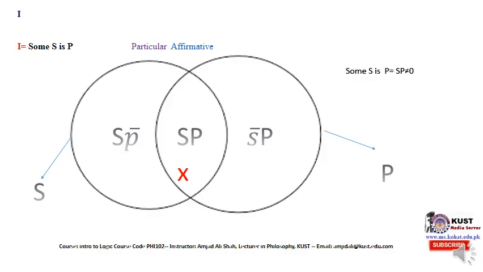Likewise, we have the same thing in the I proposition, Some S is P. We put an X over here because we are identifying those members which are P as well. Some of the members of the class of S which are P as well exist over here.